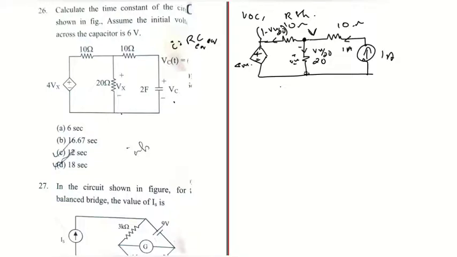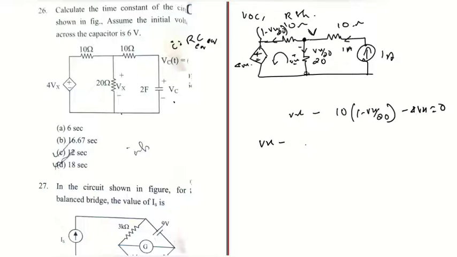And write the KVL of this mesh. Let us write the KVL of this mesh. If I write the KVL, it is Vx minus 10 into 1 minus Vx divided by 20 minus 4 Vx is equal to 0.